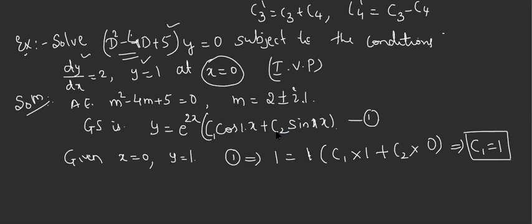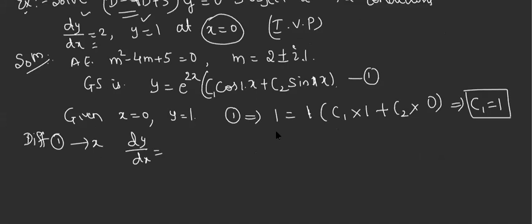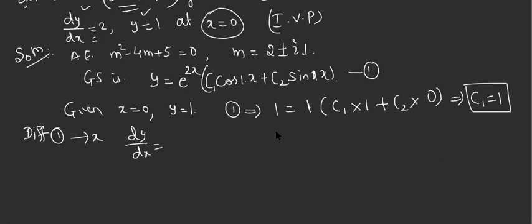One more condition they have given, dy by dx. So, to use dy by dx, tell me what I have to do. How can I get dy by dx? Differentiation with respect to x. Which equation? Equation 1. Very good. Differentiate 1 with respect to x, you'll get dy by dx. Tell me, when differentiating, which rule has to be applied? Product rule, correct? I'll keep e raised to 2x as it is.